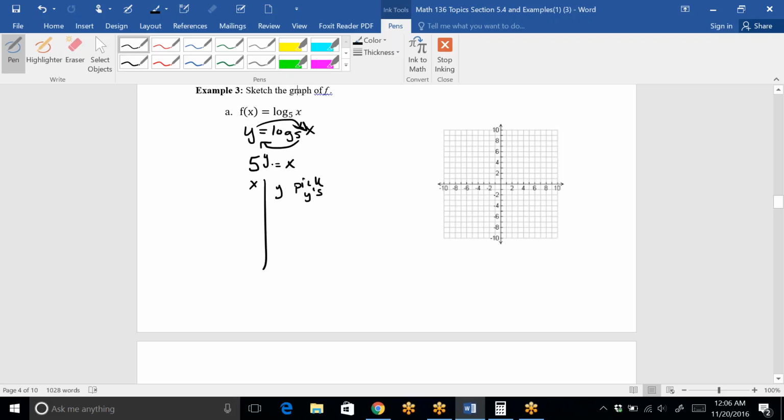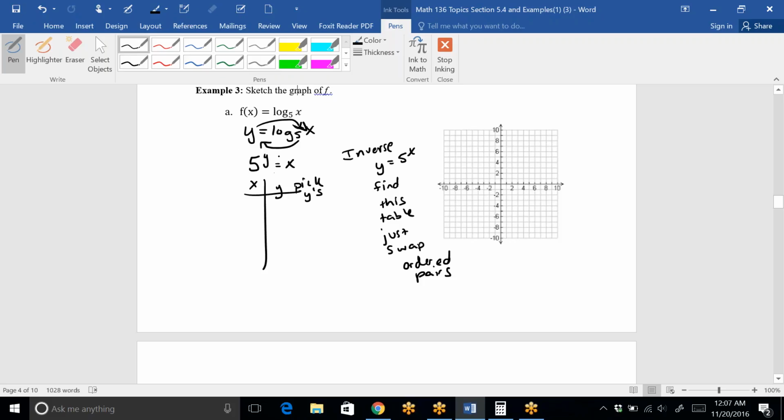Another thing is to realize that the inverse to this is y equals 5 to the x. So if you find this table, just swap the ordered pairs. I don't like going through all that if I don't have to, unless I already know the inverse. Like if I've already been given the inverse to graph and then they give me this immediately after it, then yeah, I would just swap my ordered pairs.